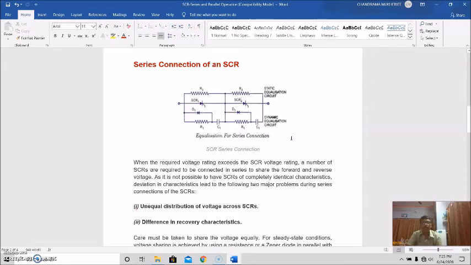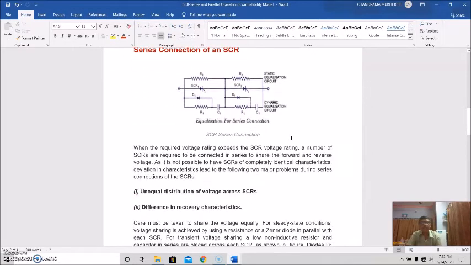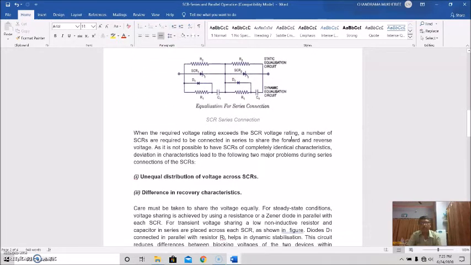If we repeat the entire discussion once again, we'll find that series connection of SCRs is required to meet the required voltage rating of the application where the SCR will be used.